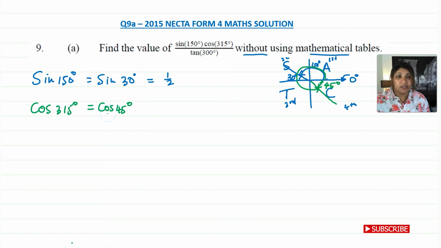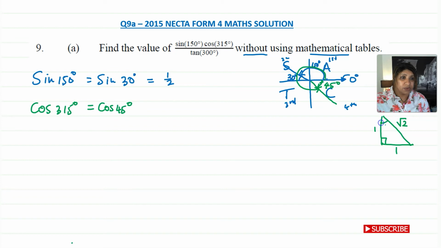And what is that? Well, we can quickly draw the special triangle. For 45 degrees, we need the isosceles right-angled triangle. The length is 1 here, and 1 there. If you use Pythagoras, the hypotenuse will be the square root of 2.